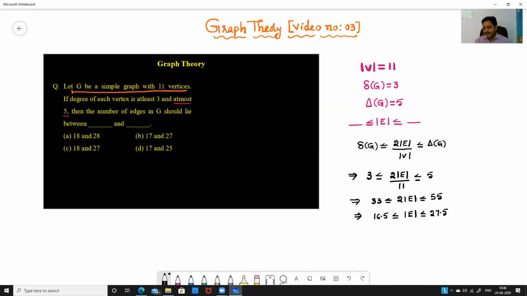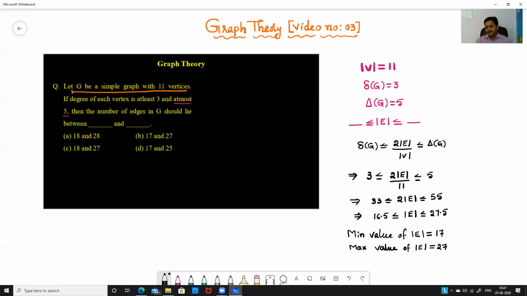Now I want to choose E values which satisfy these two conditions. But what kind of values do you have to choose? The minimum value of E and the maximum value of E. In this inequality, the minimum value of the cardinality of E is 17, and the maximum value of E which satisfies the above condition is 27.